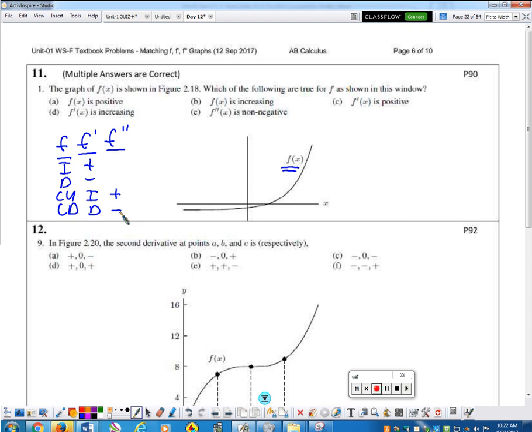Which one? No, the question says the graph of f is shown here. And which of these are considered for this function? I think F double prime is not negative because it's not concave down.